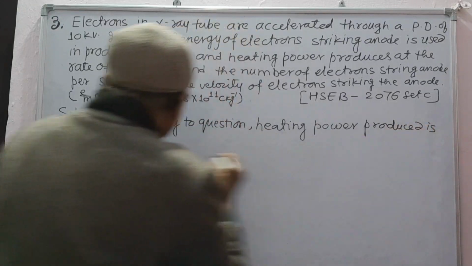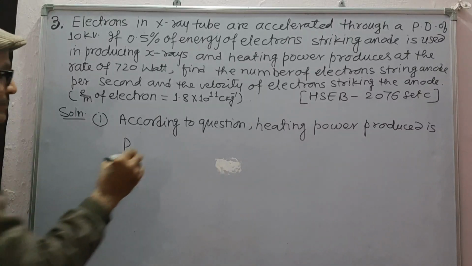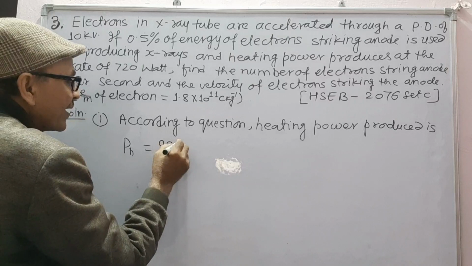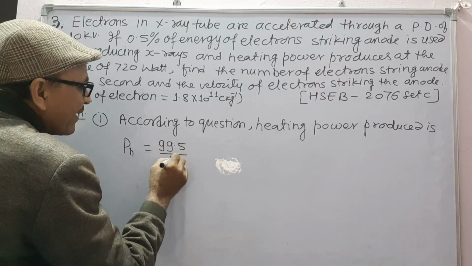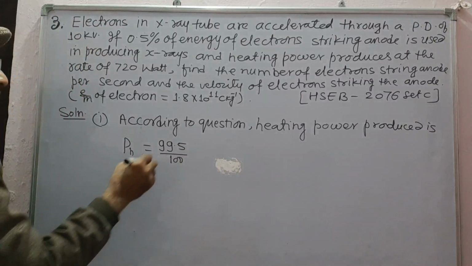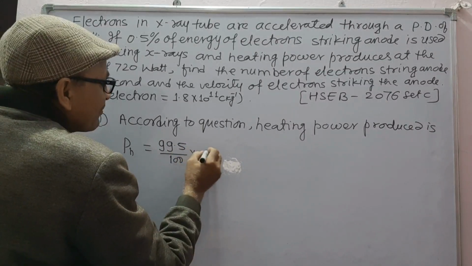is, suppose that is P_H, H means heating. This is 99.5 upon 100 into electrical power.